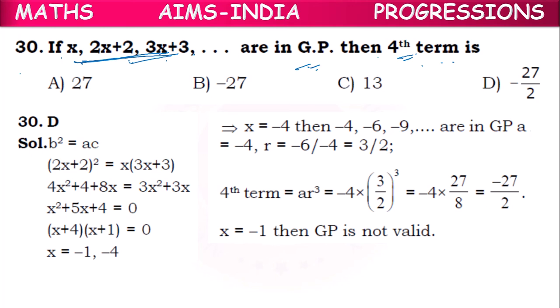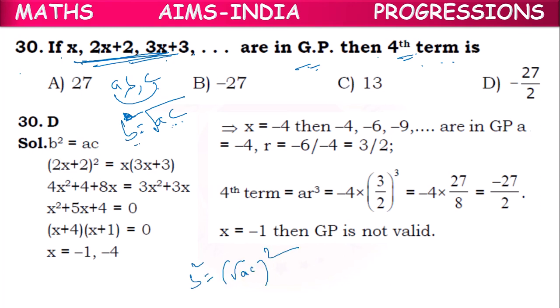So already we have discussed, children, if 3 terms A, B, C are in GP, then B is considered as geometric mean of A and C, whose formula is given by B equal to root of AC. Or if we square on both sides, B square equal to root of AC whole square. On right hand side square root gets cancelled. We will be having B square equal to AC, this relation.